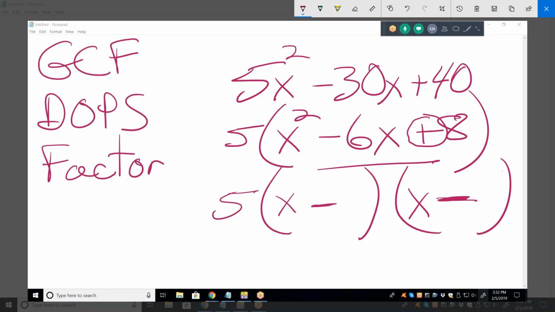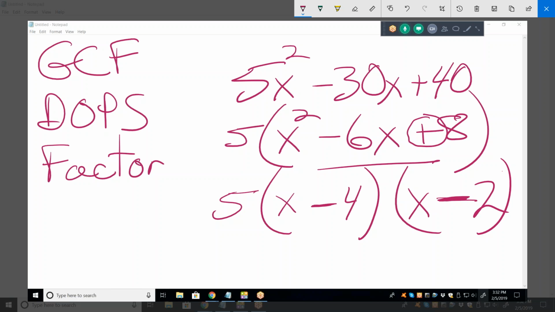All right. Now what's the third and final step? Verbalize. Factor 8. That does what? It adds to 6. Okay. What factors of 8 add to 6? 4 and 2. There's your answer. And notice it doesn't matter.